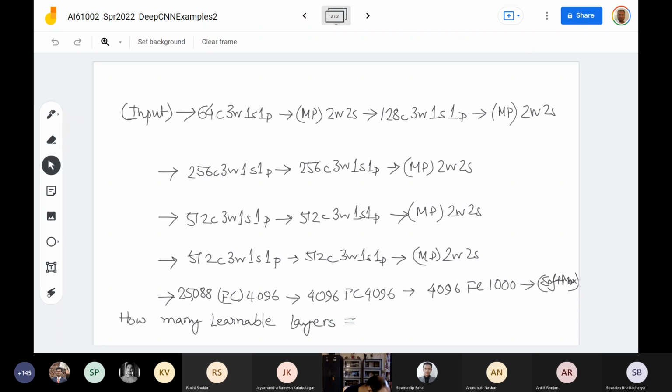This is a learnable layer, 2, 3, 4, 5, 6, 7, 8, 9, 10, 11. These are your total number of learnable layers.